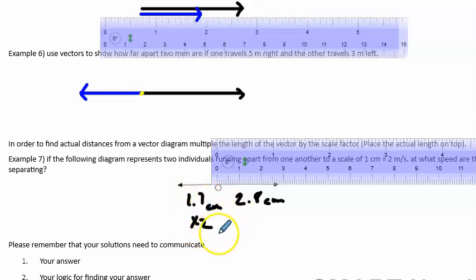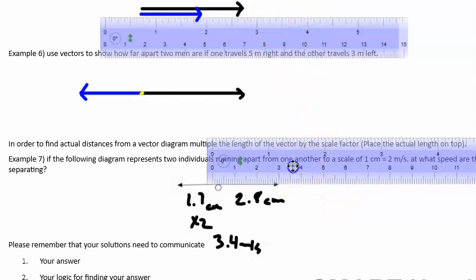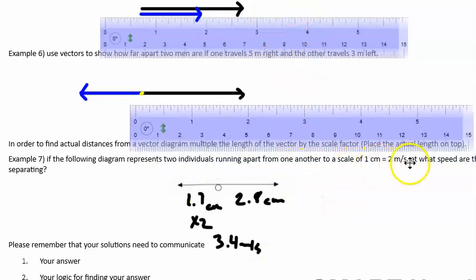And so this person going to the left is traveling at a rate of 3.4 meters per second, and that is because the scale is 2 meters per second for every centimeter. This other person is traveling at a rate of 5.6 meters per second.